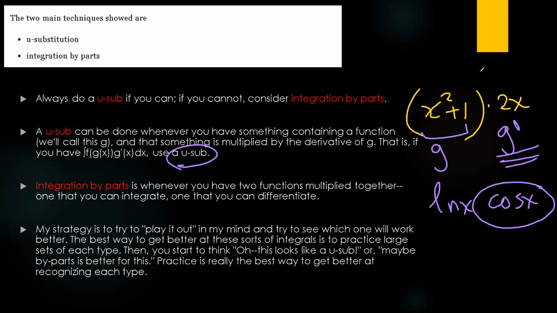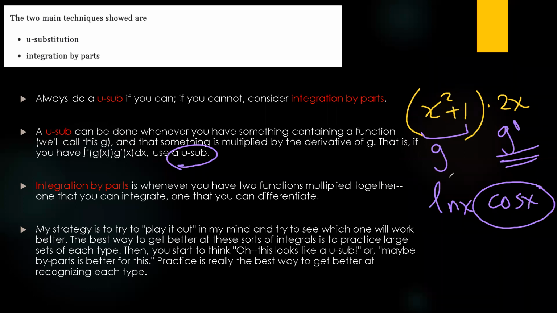If you have two functions that are multiplied together and there is no relation between them, where one you need to integrate and the other you need to differentiate, go to integration by parts. My strategy is to try to play it out in my mind and see which one would work better. Here you have to practice more and more. Look at the function: can I integrate by parts or by U substitution?